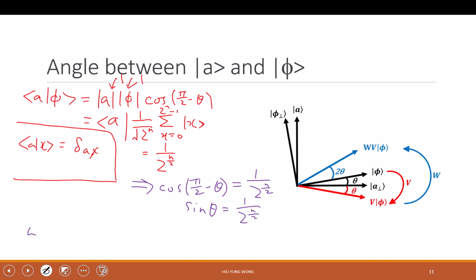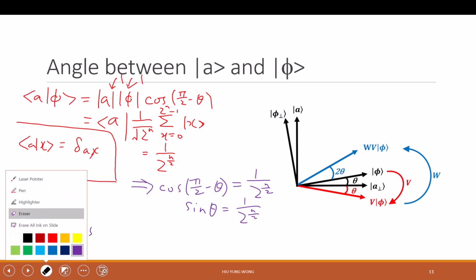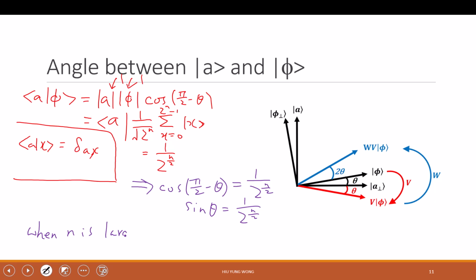But when n is very large, let's say 100 qubits, you have 2 to the power 50. What is 1 over 2 to the power 50? Super small, right? Theta must be small.